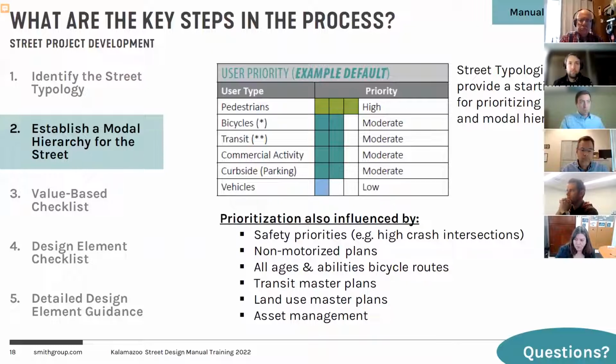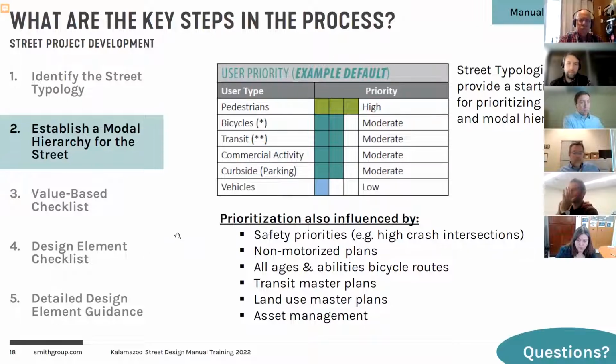What does the transit agency have in mind? What are their most important routes? What are they trying to improve? Where do they have routes where speed matters and their buses are getting caught up? Where do you see obviously traffic constraints and issues? So all of those other things are coming in.